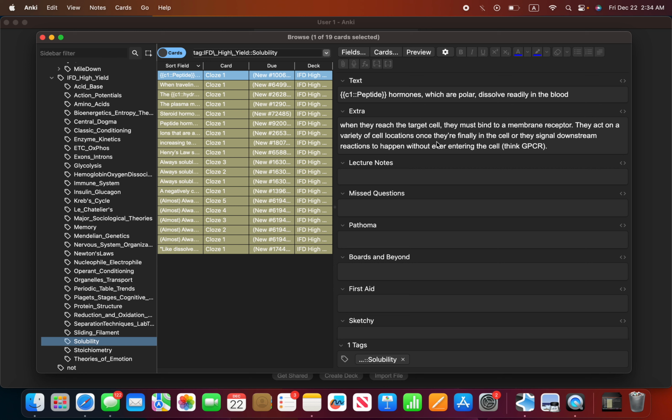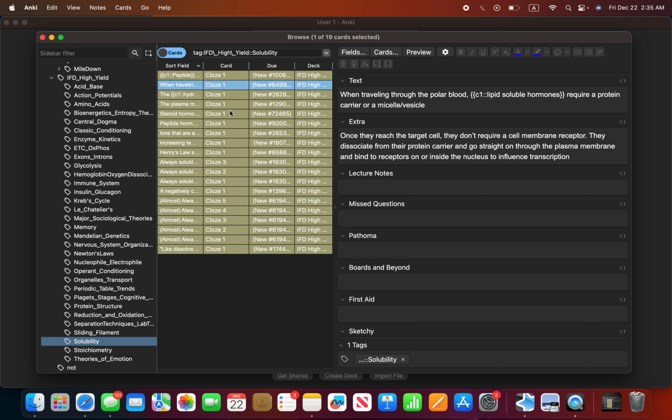So they act on different cell locations when they're in the cell, and they signal downstream reactions to happen without ever entering the cell. They have this cascade of downstream reactions without entering the cell. Right, it's GPCR. I've studied that to an extent.